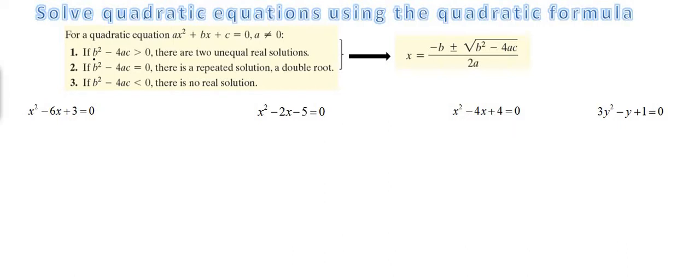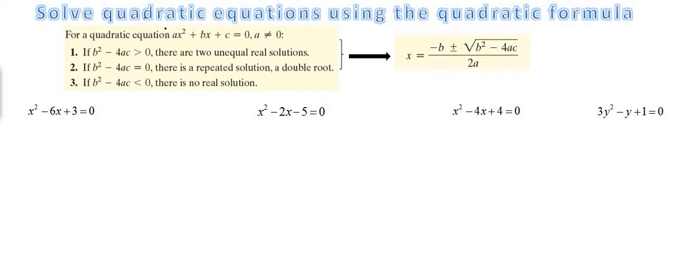For the first scenario, if b squared minus 4ac is greater than 0, there are two different solutions. For the second scenario, if b squared minus 4ac equals 0, there is a repeated solution, or one solution.